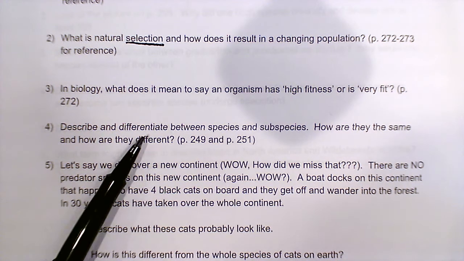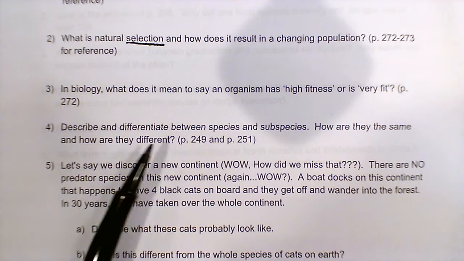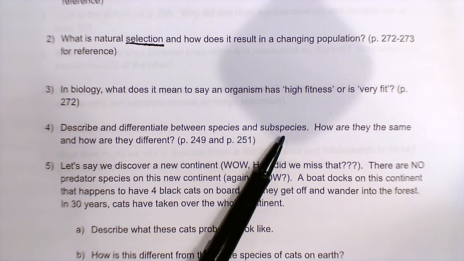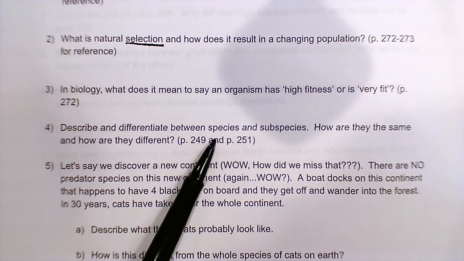All right, describe and differentiate between species and subspecies. How are they the same? How are they different? They're the same because subspecies are members of the same species. Okay, so they could all interbreed with each other. They could all share a gene pool. But how are they different?